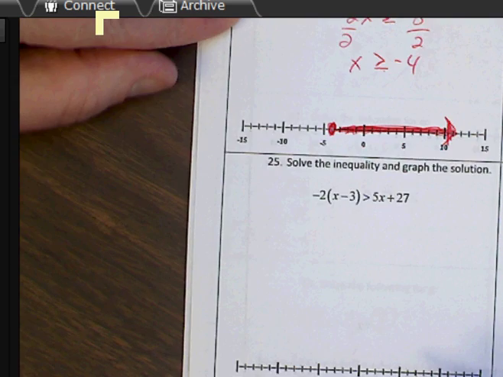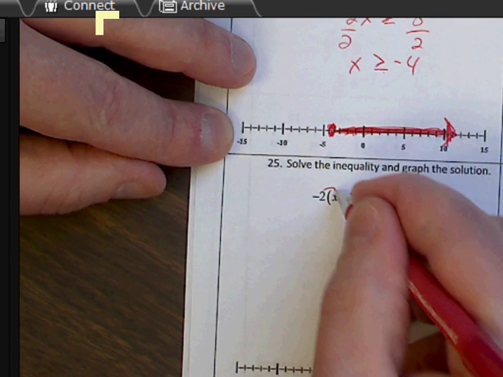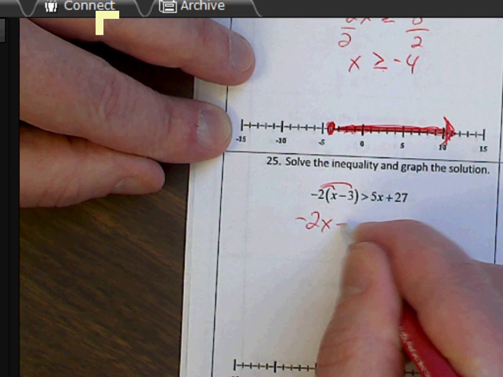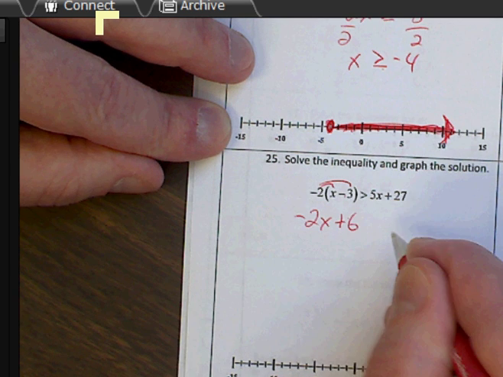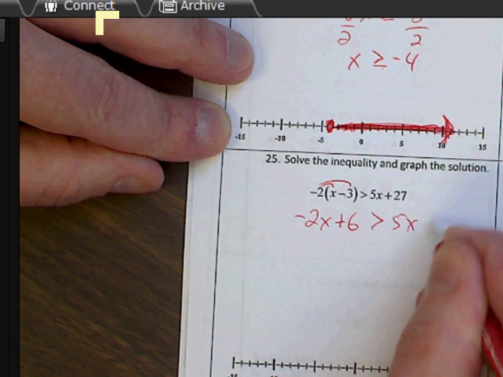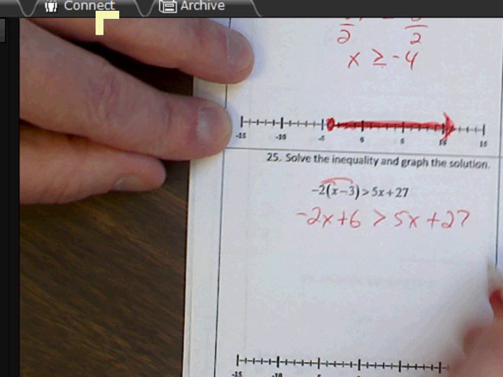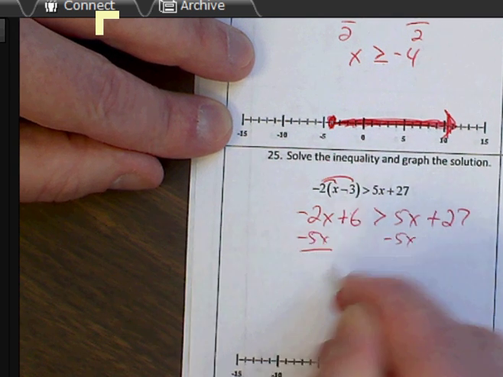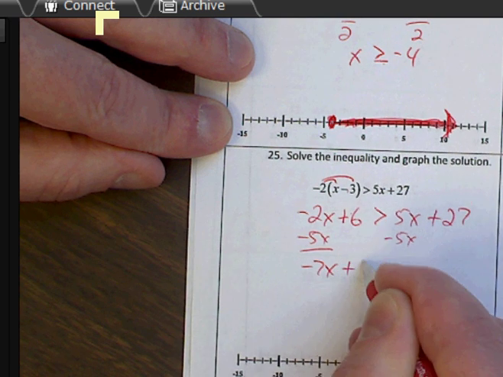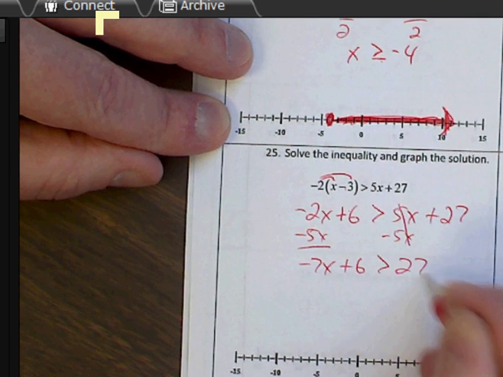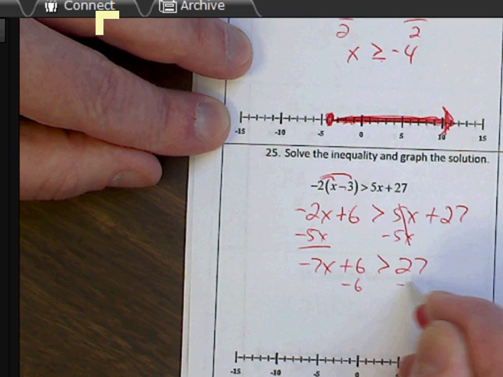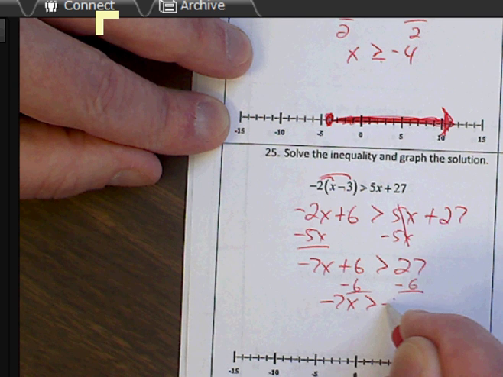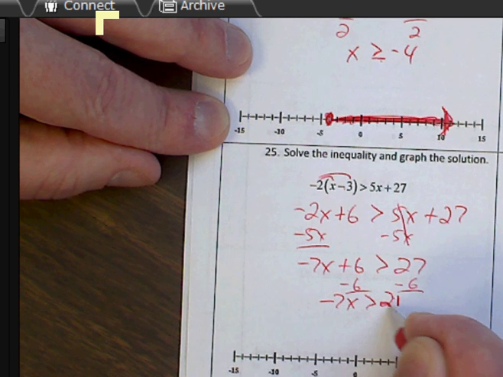Okay, 25. I'm going to distribute this negative 2 first. I get negative 2x minus, negative 2 times negative 3 is a positive 6, which is greater than 5x plus 27. I'm going to subtract 5x here. I get negative 7x plus 6 greater than 27. Subtract 6. Negative 7x greater than 21.